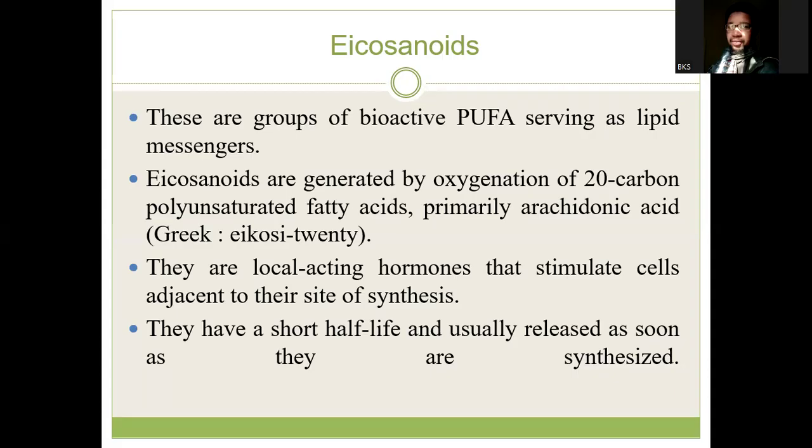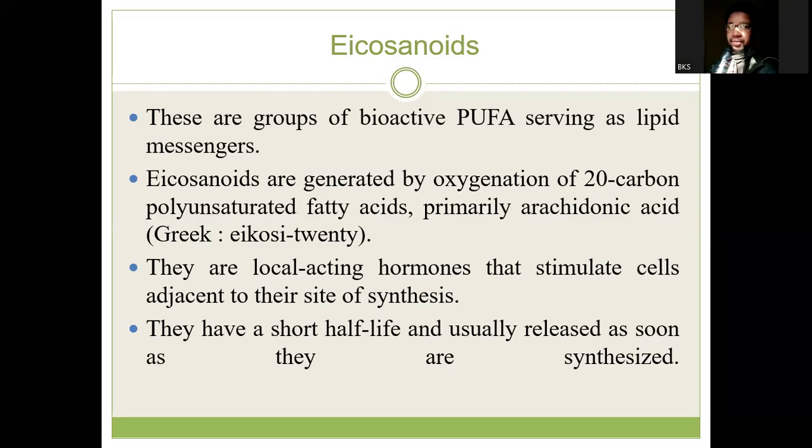You have polyunsaturated fatty acids that undergo some oxidation reaction to form a compound that can serve some biological activity.